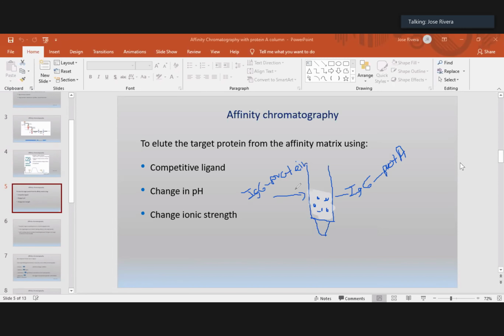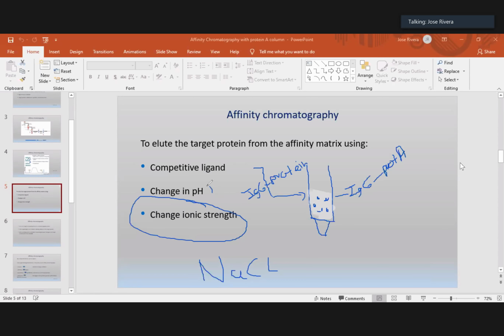Okay, so now to break this bond, you can change the ionic strength. That means you can add some type of salt. There's a compound that breaks it, called imidazole. You don't need to know it, but it changes the ionic strength, similar to salt.